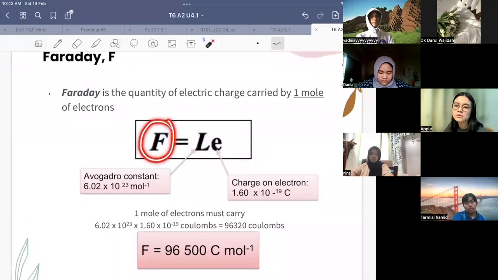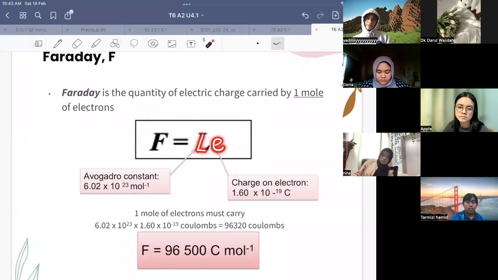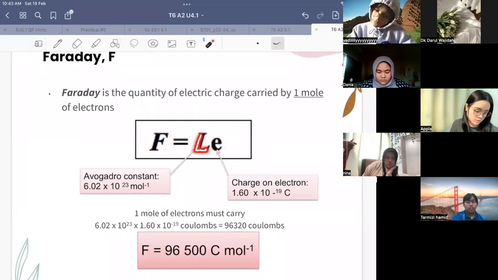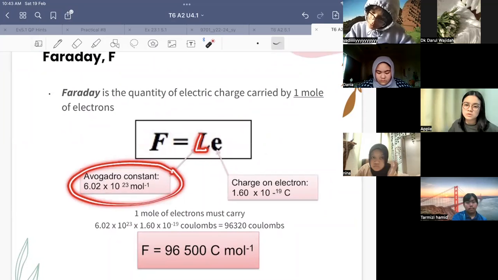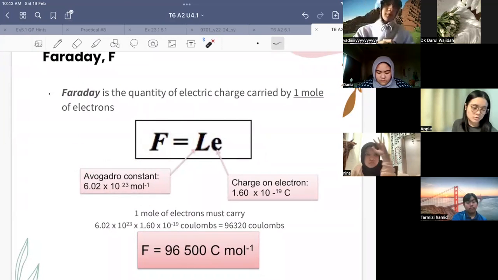The Faraday constant is F, equals L times E. L is the Avogadro constant, the number of particles in 1 mole.